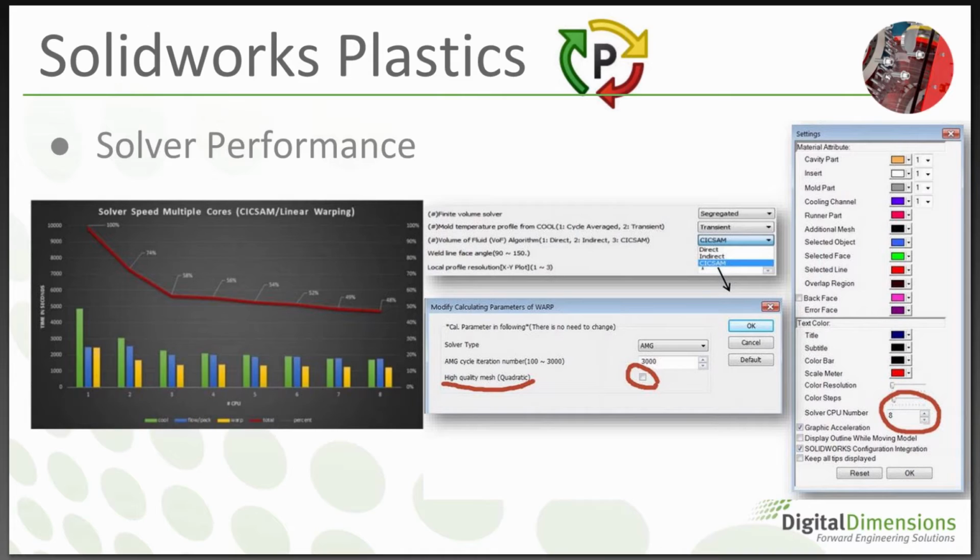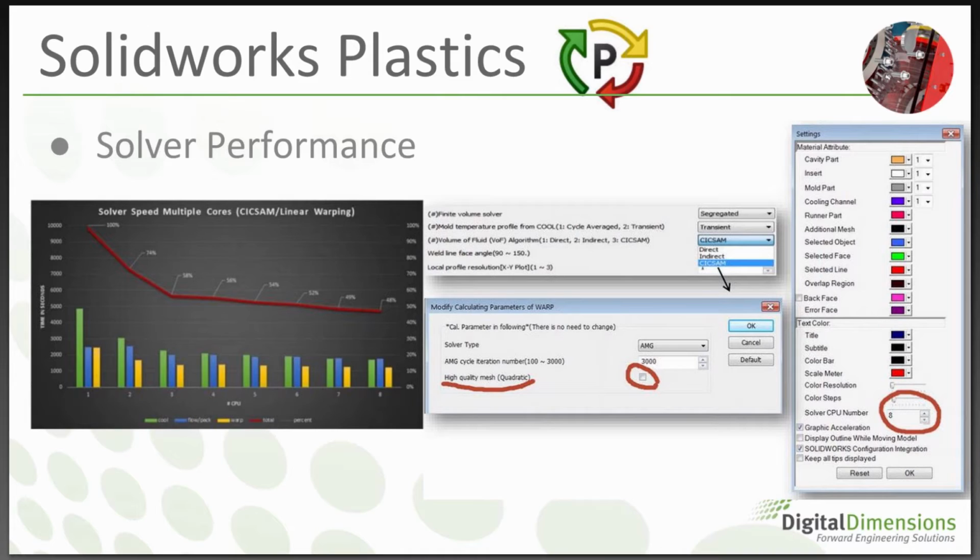What we've also added is now the flow and warp analysis are improved, and we have a new solver called the 6SAM, which stands for Compressive Interface Capturing Scheme for Arbitrary Meshes. That's quite a mouthful there. So this is a method for flow front tracking, and it's now the default flow solver for the plastics injection molding analysis. And we also now have a quadratic mesh option for the warp solver, and an option to control the solver CPU number, so you can change your numbers to whatever you need based on your computer.